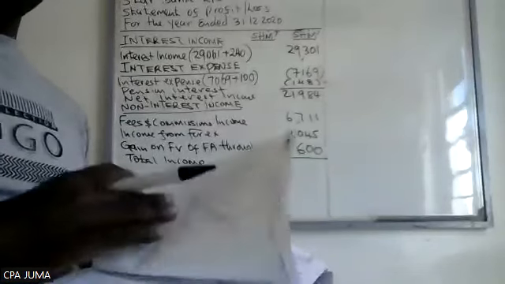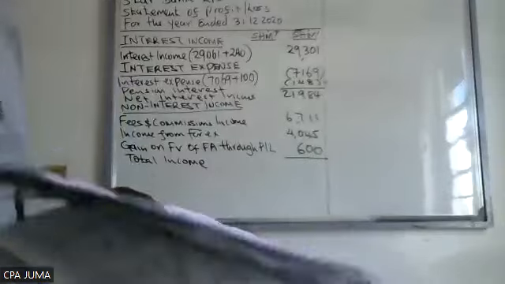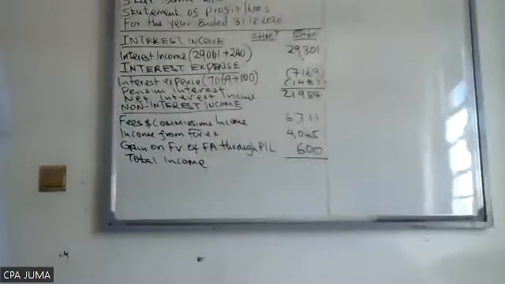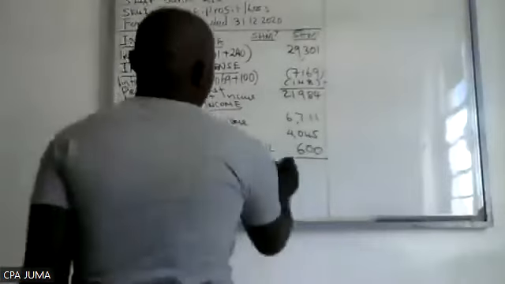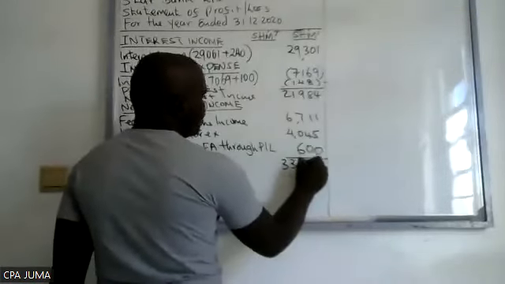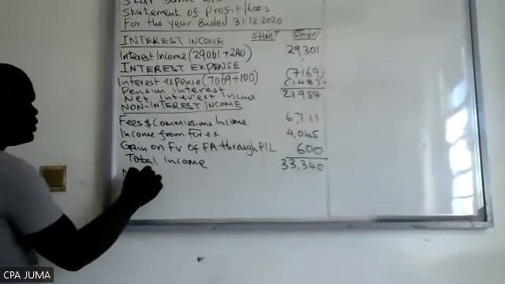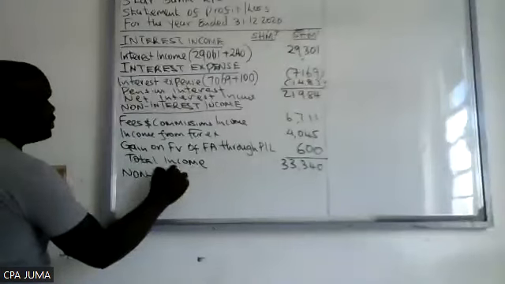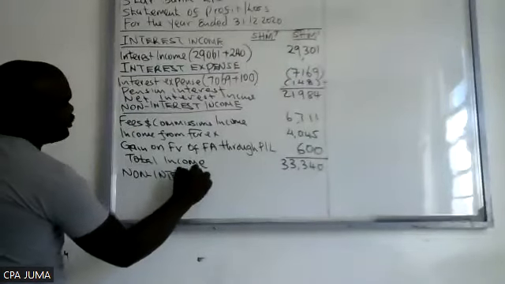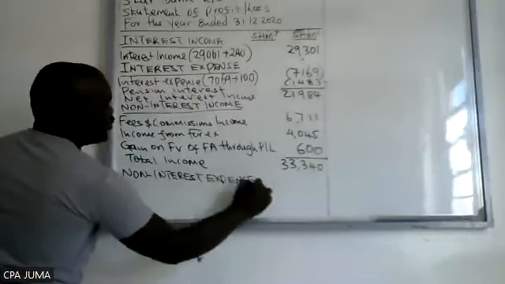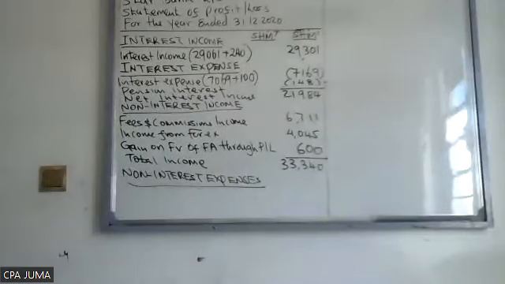Total income. $33,340. 33,340. Bring for me now non-interest expenses. Those expenses which have nothing to do with interest, in that order.